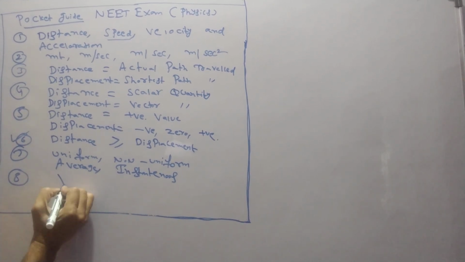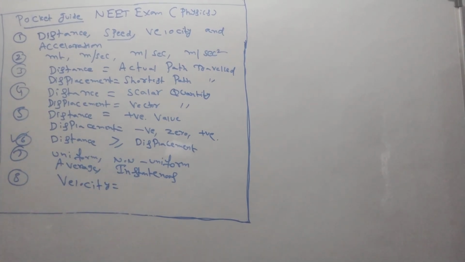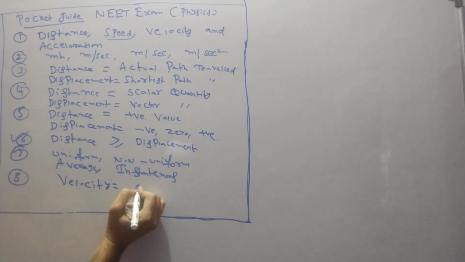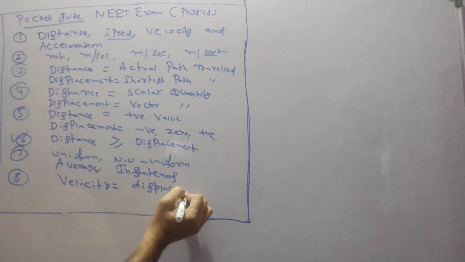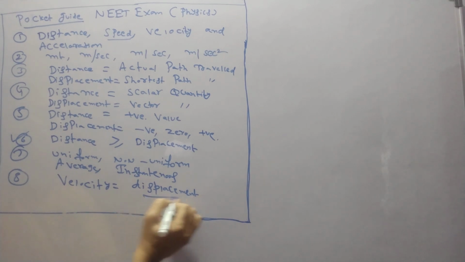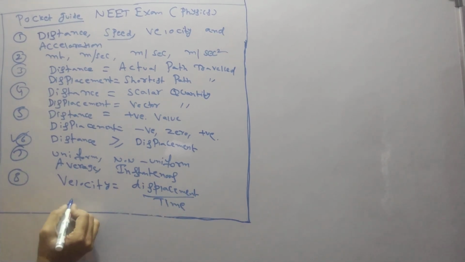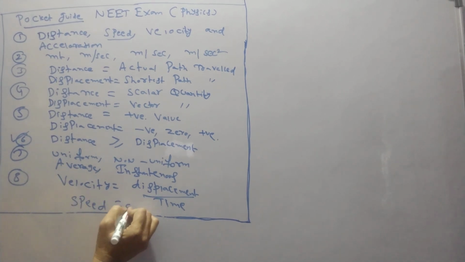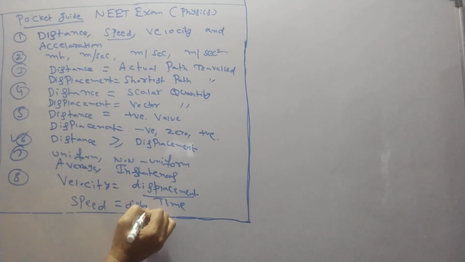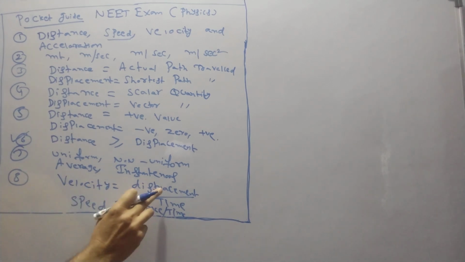You know this formula, velocity is displacement by time, whereas speed is distance by time, right? Speed, distance; velocity, displacement.